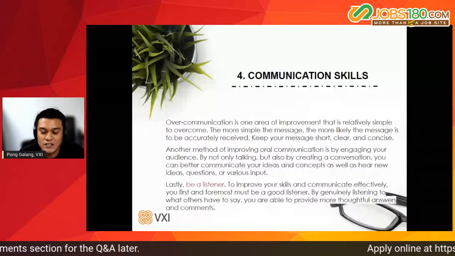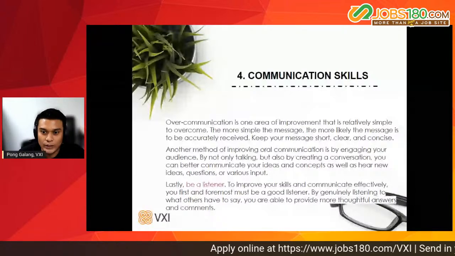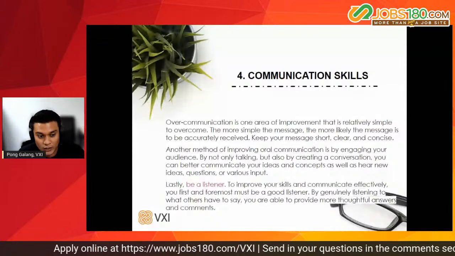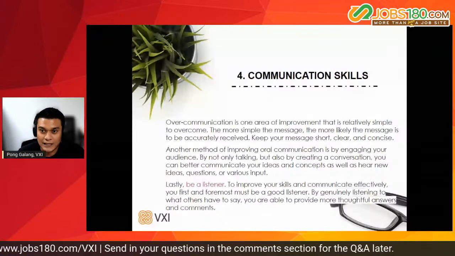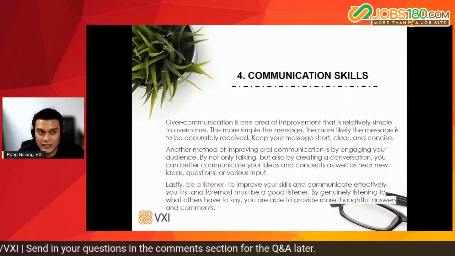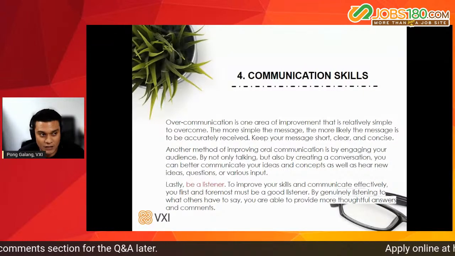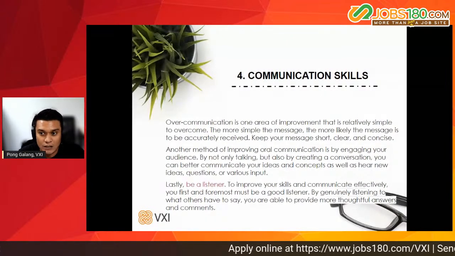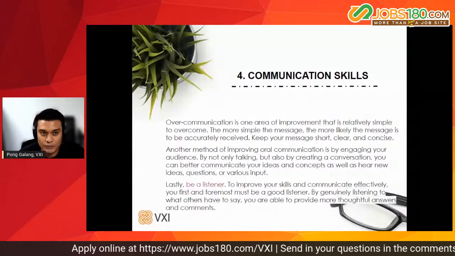We over explain things to the point wherein we get out of the main point, the main reason why we're talking about a certain topic, right? So it's really important that we keep it simple. We go ahead and discuss it in a straightforward manner, because if you over explain or you over communicate, there's a tendency that the things that you're saying would be misinterpreted.